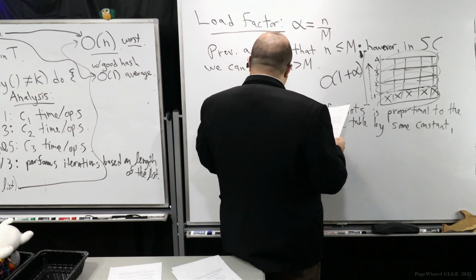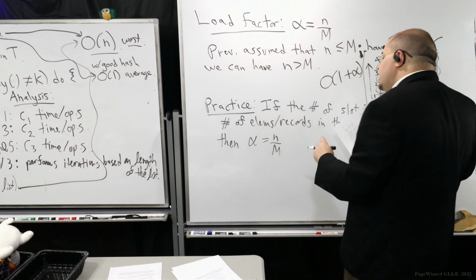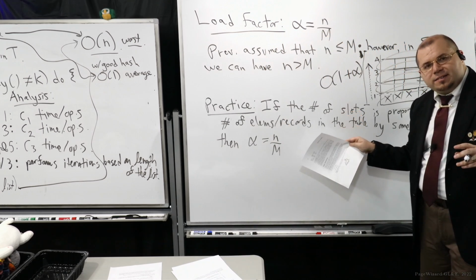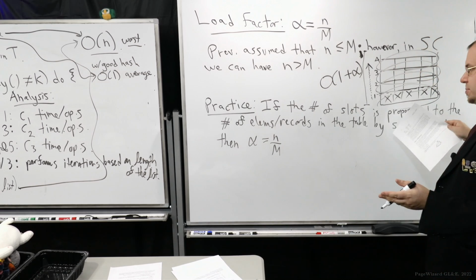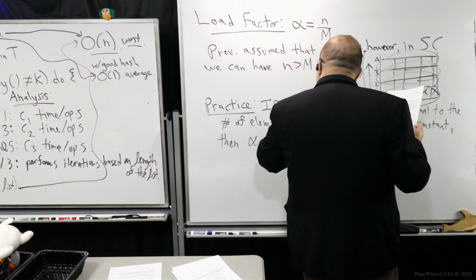Then if I look at alpha, it's n over m. But if these only differ by some multiplicative constant, then this is big O of 1.